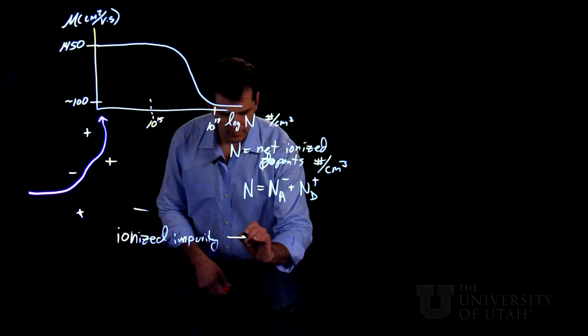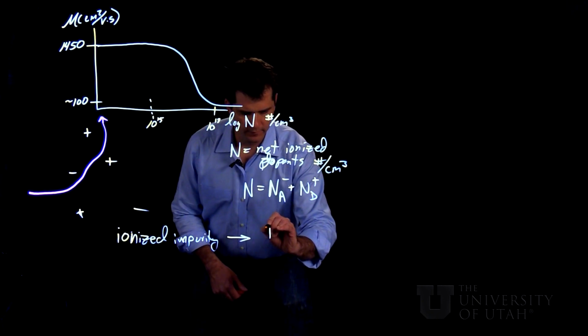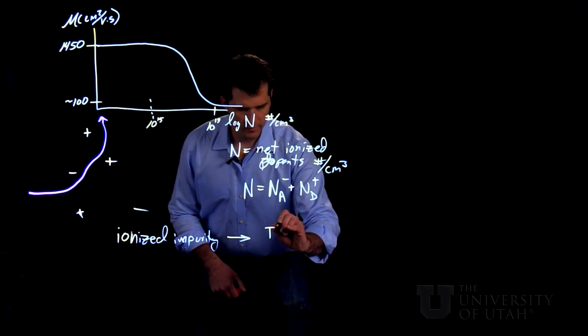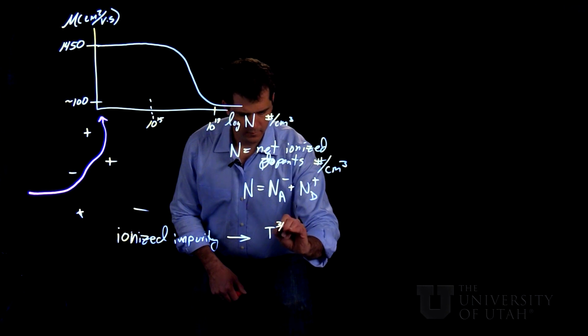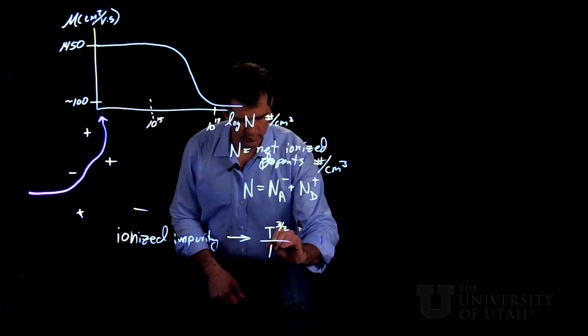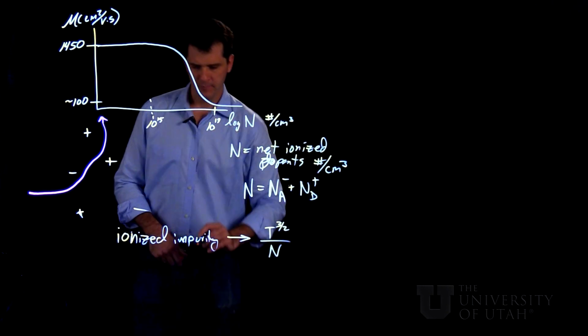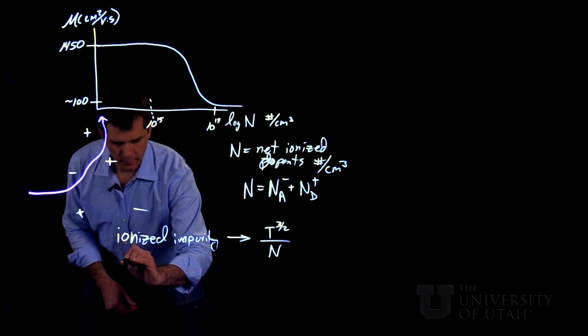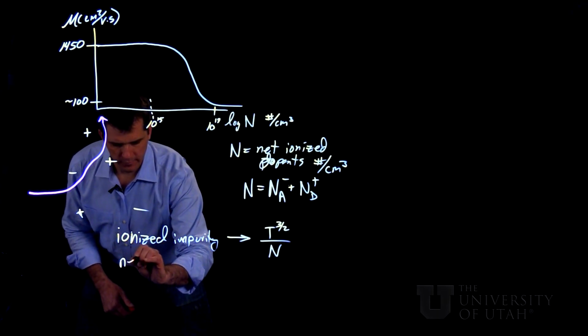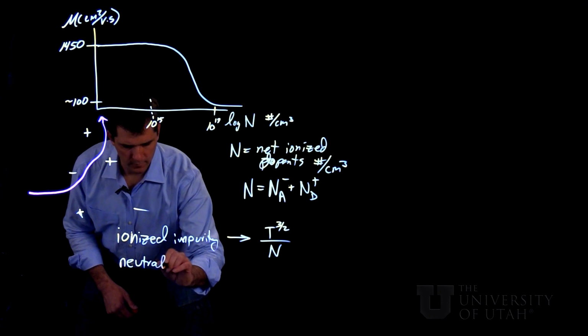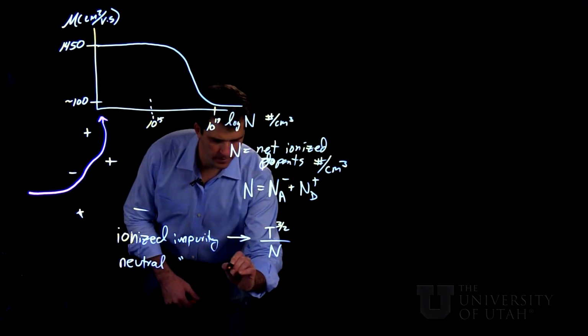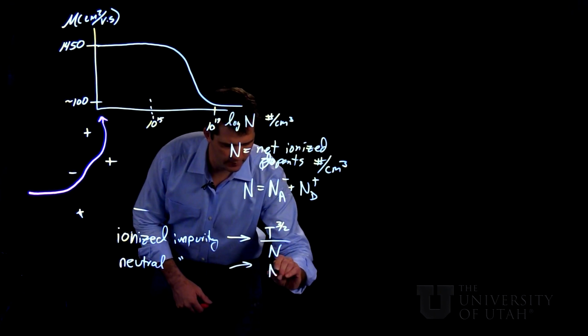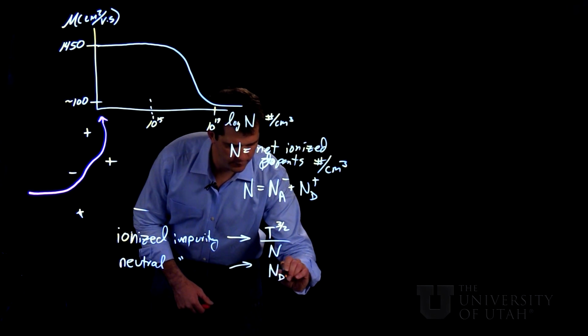So this has a functional dependence of T to the 3/2 over N. The second is neutral impurity scattering. And this just depends on the number of neutral defects.